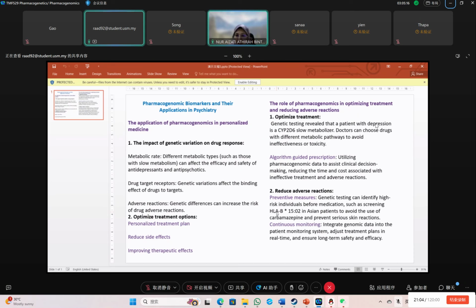What do you mean by genetic testing? Your first sentence, genetic testing revealed that a patient with depression is a CYP2D6 slow metabolizer. What do you mean by this sentence? Yeah, the genetic testing gives the idea to the doctor. You can choose the treatment, specific diagnosis and specific treatment.